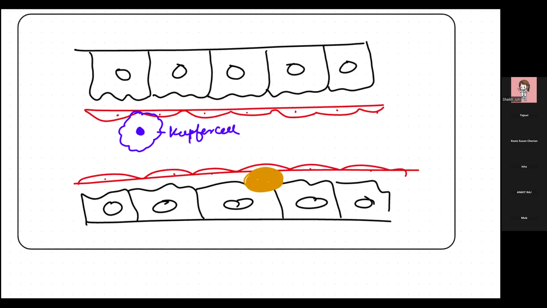So this particular cell is the Ito cell, present in the liver.